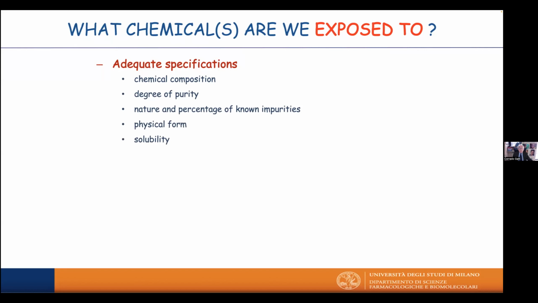Because, for instance, you see the degree of purity. Degree of purity means that maybe your material is 95%, but for some azo dyes, for instance, the 5% of the impurity was the reason for the carcinogenicity of the dye.